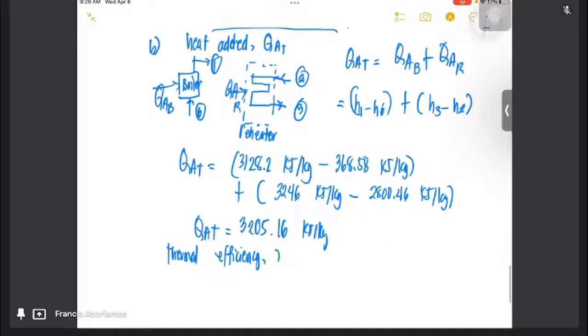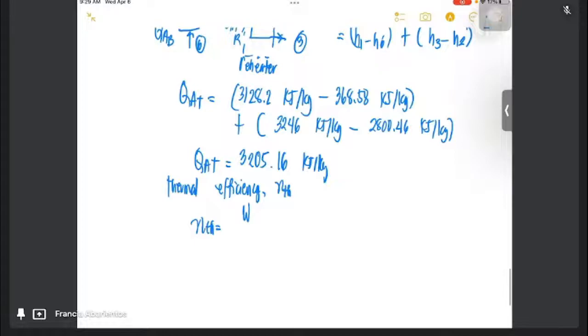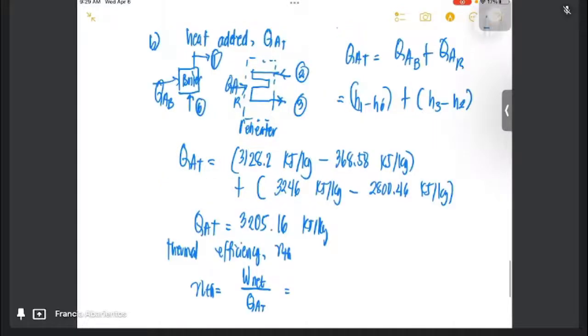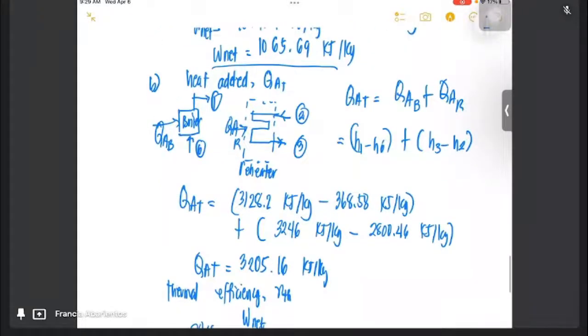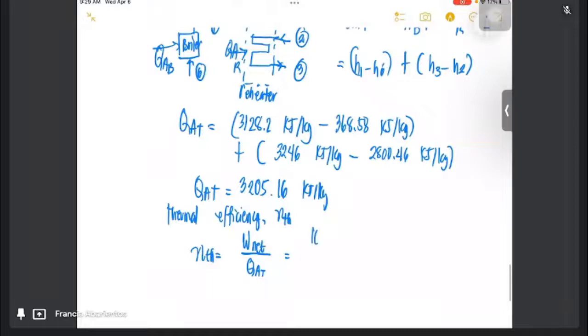So we have now the thermal efficiency: the net work over the total heat added. Make use of the net work, 1065.69, over the heat added. What is now the thermal efficiency of this cycle?